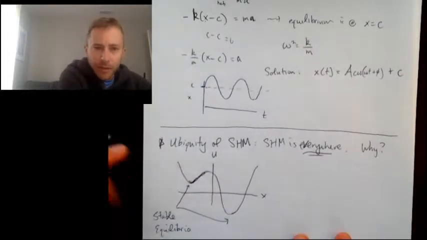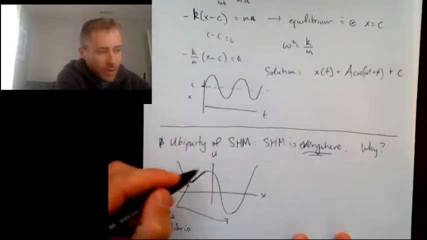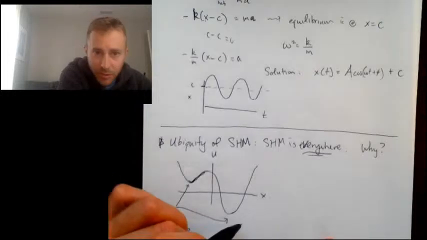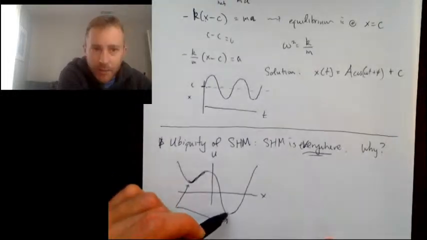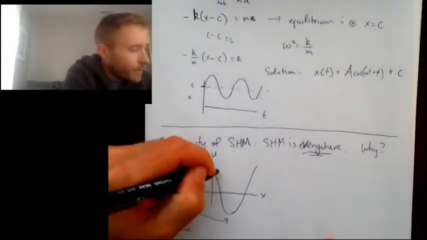And it turns out that, no matter what the global form of the potential is, we can approximate the potential as a parabola near an equilibrium.